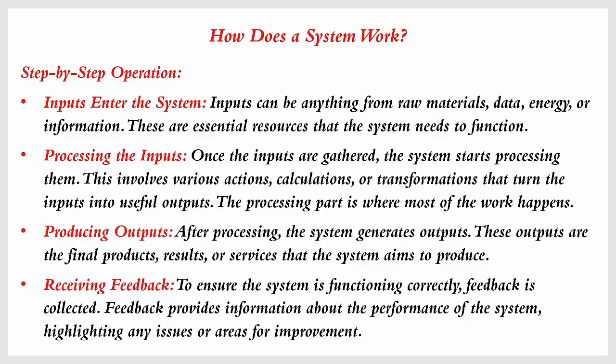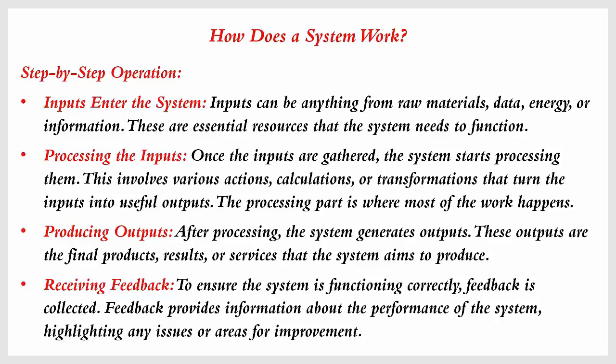This involves various actions, calculations, or transformations that turn the inputs into useful outputs. The processing part is where most of the work happens. 3. Producing outputs. After processing, the system generates outputs. These outputs are the final products, results, or services that the system aims to produce. The quality and quantity of outputs depend on how well the system processes the inputs.